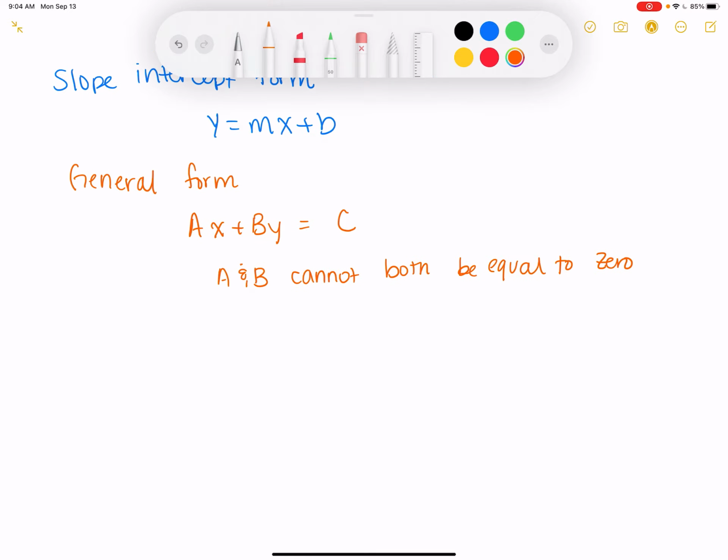With these, this is where you can use the cover-up method and plot points. You can plot something on the x-axis and something on the y-axis, and then just draw your line between the two of them.